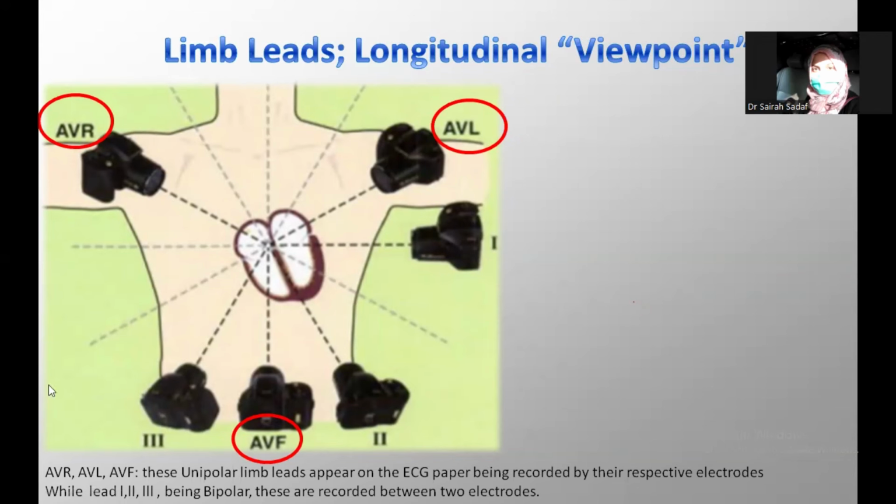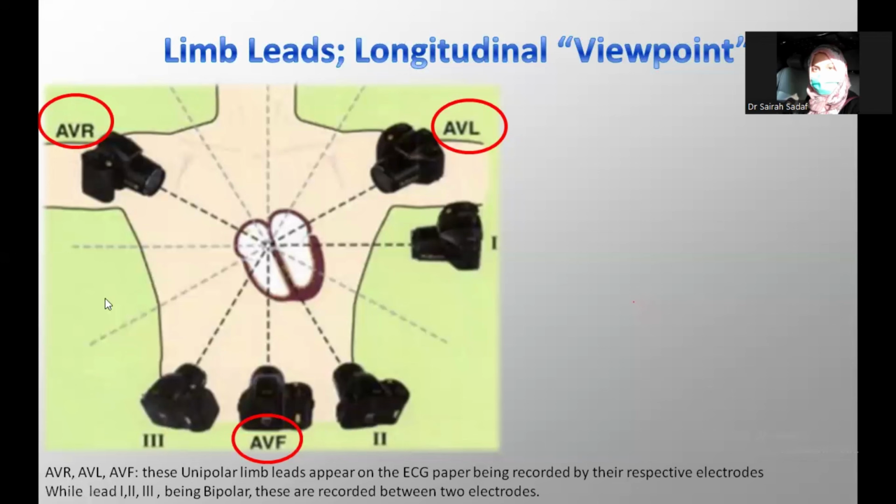Okay. Now the AVL, AVF, AVR, these are unipolar leads, as we have already discussed. These appear on ECG paper and they're being recorded by their respective electrodes. As you can recall, you place the right electrode here and another electrode on the left arm and another electrode on the left leg.